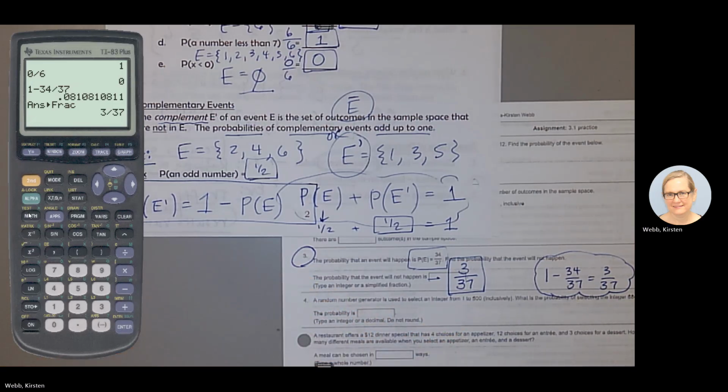Yes, that's exactly it. And that makes 3 out of 37? Yeah. Sounds like you got it. Great. Anything else we can help out with there so far?